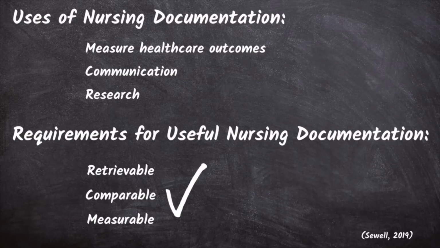The traditional narrative way of documenting, in which each person has the ability to use their spoken language to document what they see in a way that they see fit, does not allow for easy retrieval, comparison, and measurement of data across settings. Limited ability to retrieve and use nursing documentation for research makes it impossible to show what nurses do and how nurses contribute to positive patient outcomes.